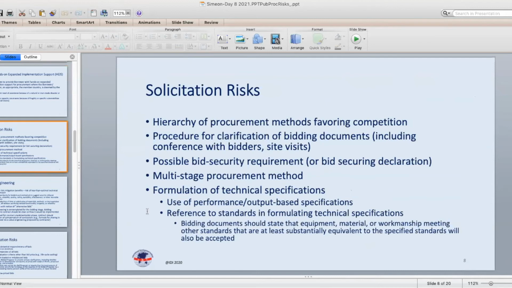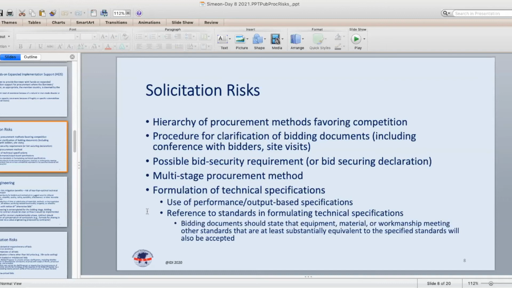Solicitation risks. The risk here is that the solicitation of participation, of bids or proposals, is not sufficiently broad.